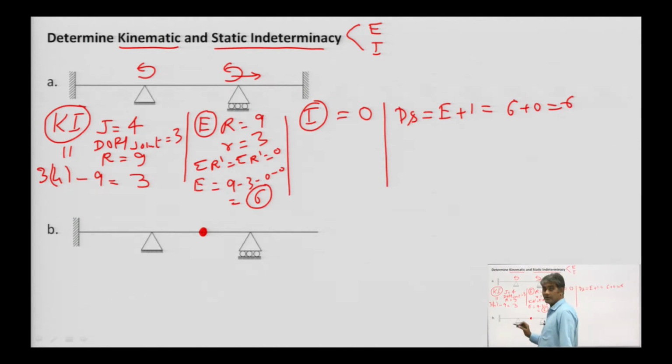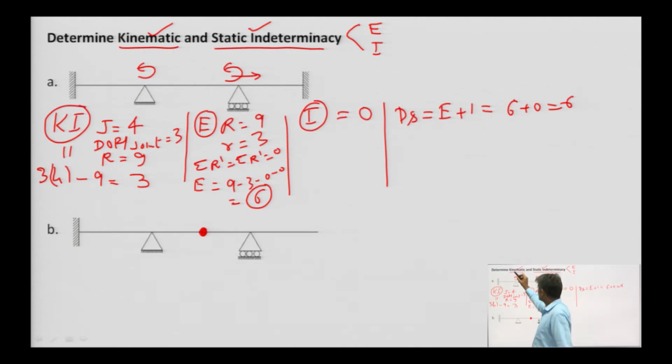We know that this internal hinge will add kinematic indeterminacy and it will give an additional equilibrium equation. So, it is going to affect kinematic indeterminacy as well as static indeterminacy.